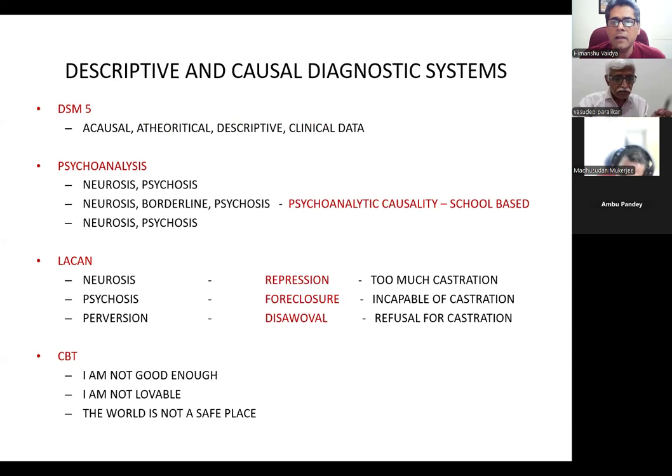So now let us look at the causal nature of the diagnostic systems. Diagnostic systems can be descriptive or causal. DSM is a descriptive system. It's not a causal, theoretical system. In psychoanalysis, essentially we look at causality in terms of what each school of psychoanalysis talks of.